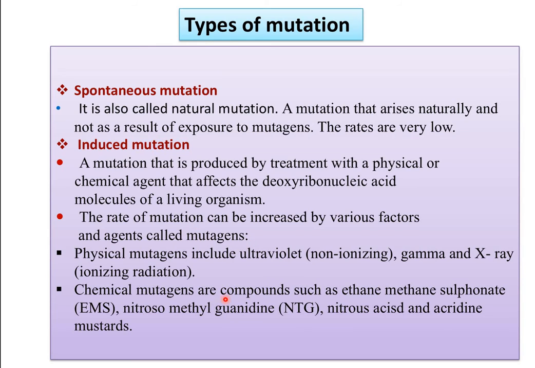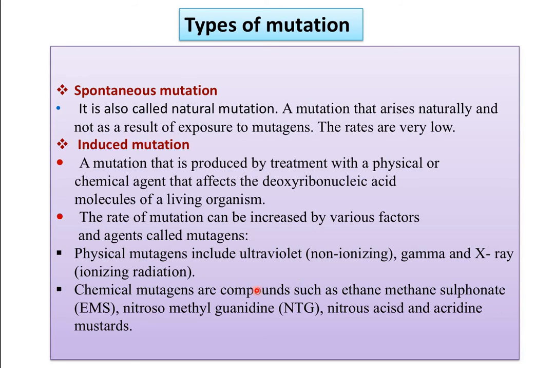Now, physical mutagens include UV rays, which are non-ionizing, whereas physical mutagens like gamma and X-rays are ionizing radiations. So, depending on the ionizing feature, physical mutagens are categorized into ultraviolet, gamma and X-rays.